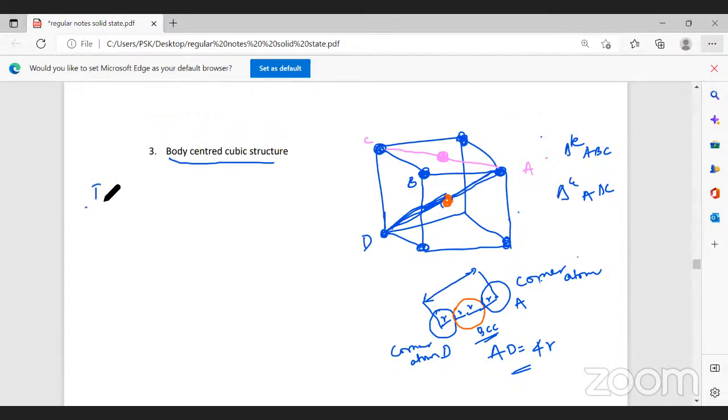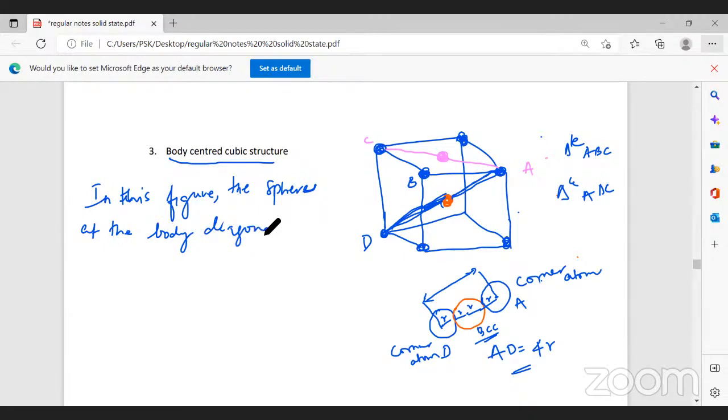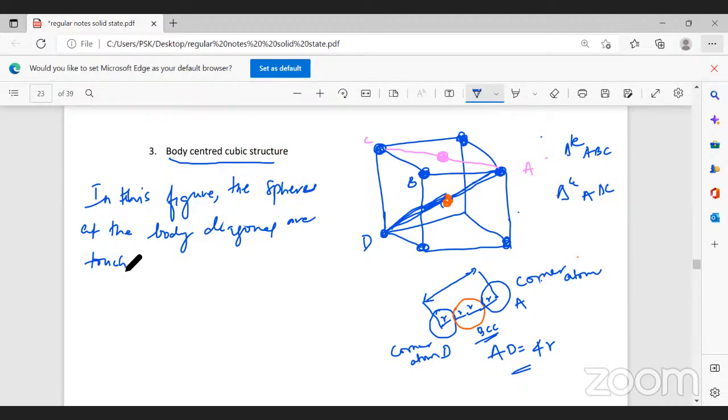Now, if you observe in this figure, the spheres at the body diagonal are touching each other. What is the statement? You understand? In this figure, the spheres at the body diagonal are touching each other.